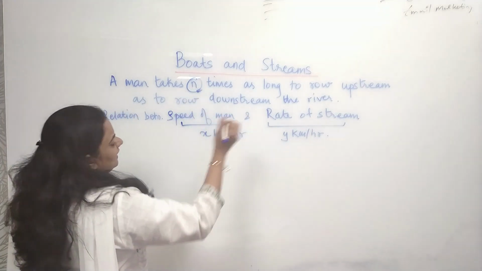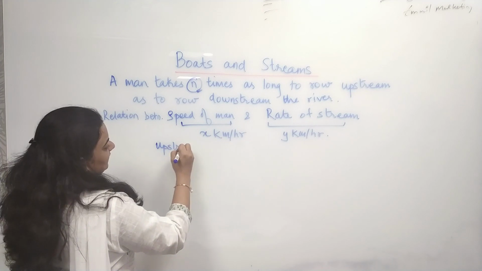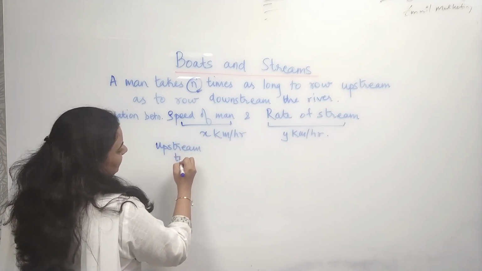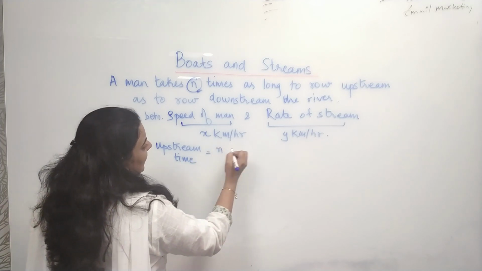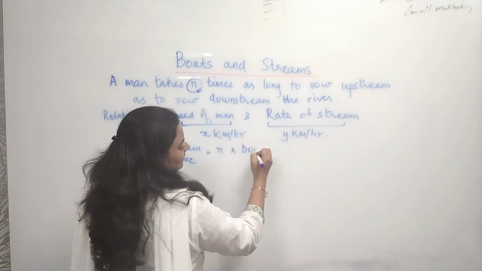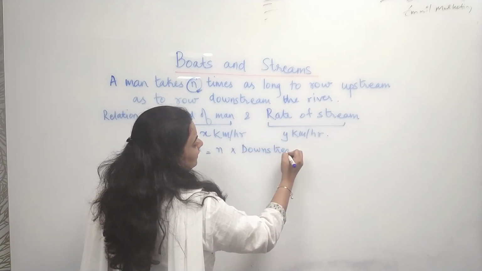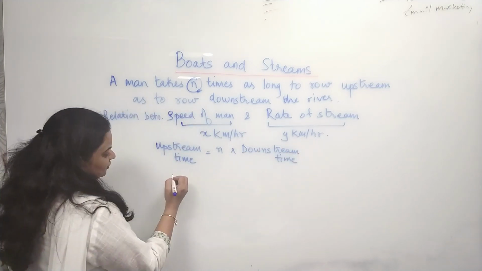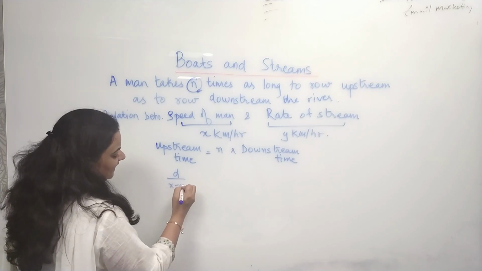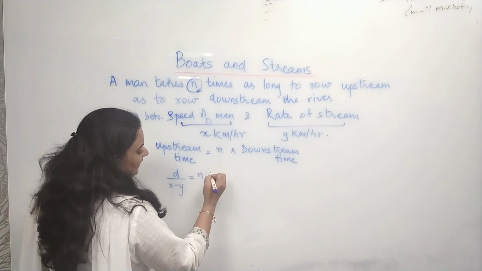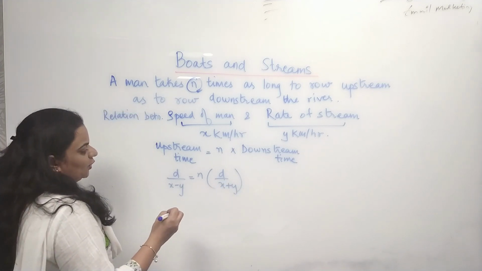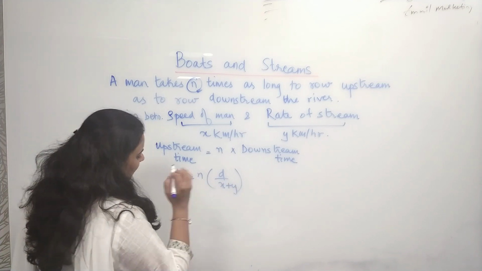It is given that the upstream time is n times the time needed to row downstream. The upstream time is d upon (x minus y), which is n into d upon (x plus y). We need to find a relation between x and y.